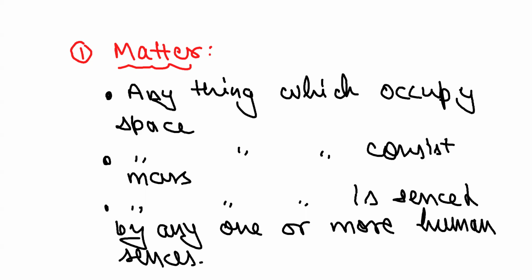If you drink water and you feel that you are intaking the water, water is a matter. If you are feeling that the pen is in your hand, the pen is also a matter. Anything you are sensing, viewing with your naked eye, like a mobile phone in front of you, is a matter.